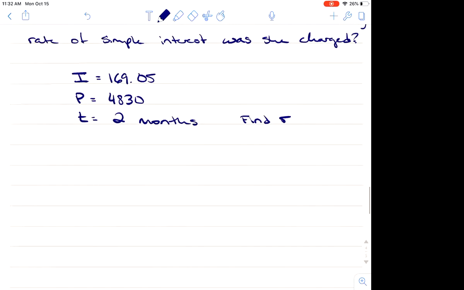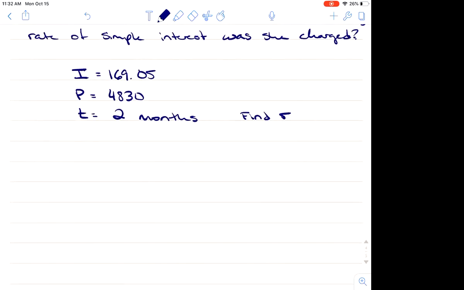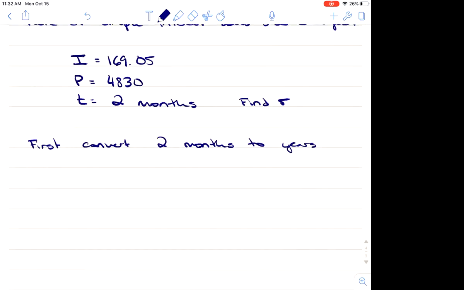Yeah, let's map it out here. So first, right, we need to convert the 2 months to years, right, because T has to be in years. So T is actually 2 divided by 12 years, right? For this course, we assume that a year has 365 days, 12 months, 52 weeks, right?